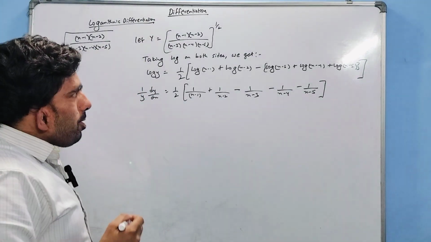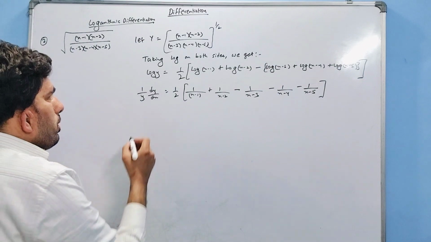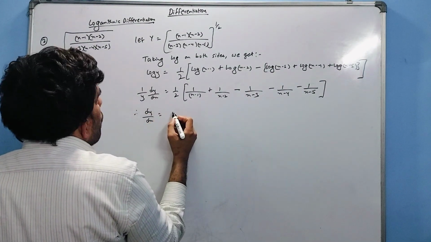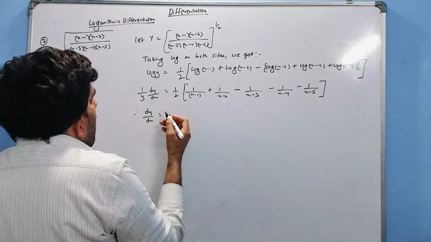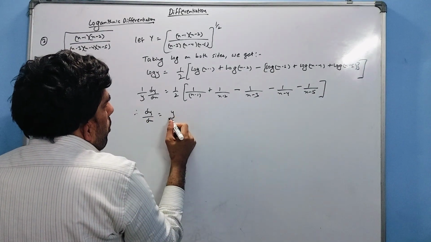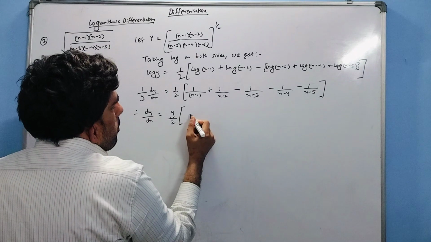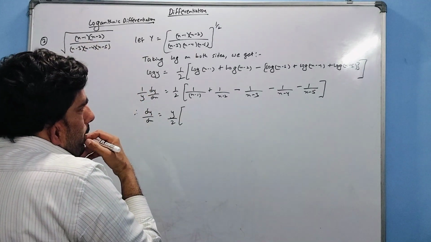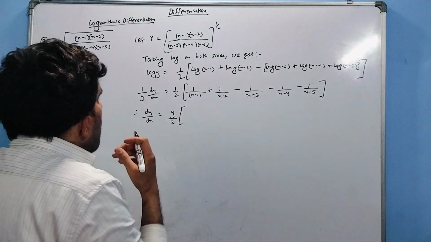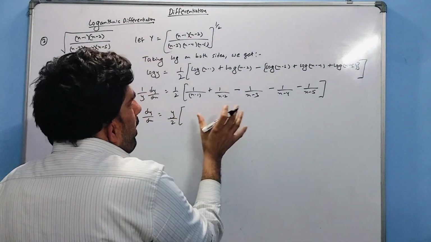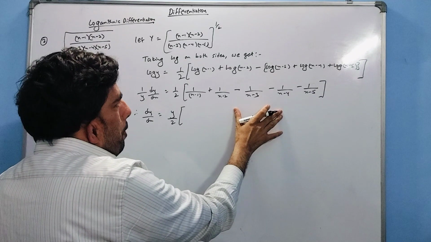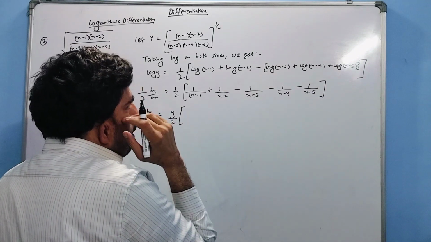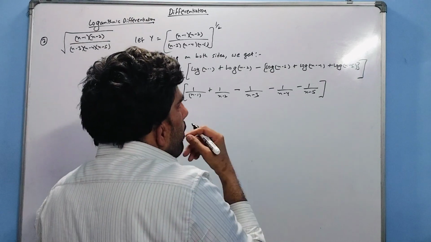Okay, so now what we can do here in a very simple way, therefore dy upon dx is equal to y by 2 into this expression. If I take the LCM, it will become more complex, so we can leave this as it is.